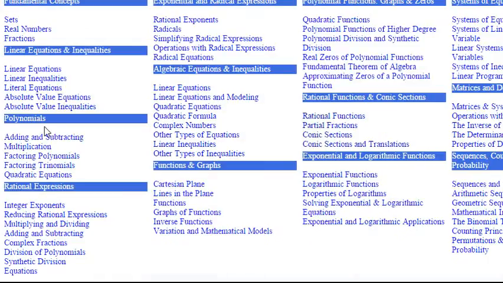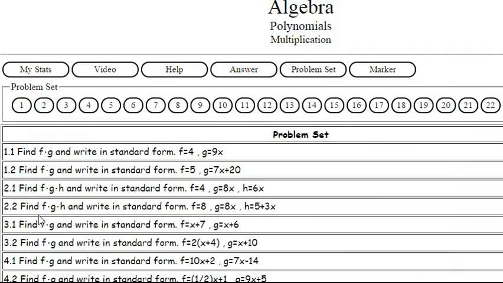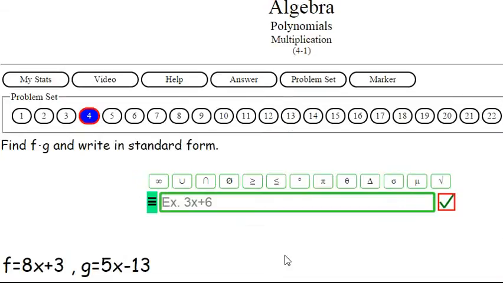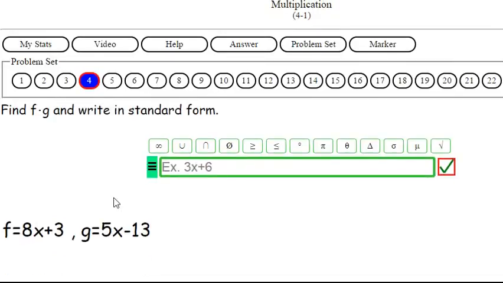Click on the algebra. Let's go down to multiplication, and we are going to be looking at 4.1. Once again, find f times g and write in standard form. So let's do that. So we have f is equal to 8x plus 3 and g is equal to 5x minus 13.